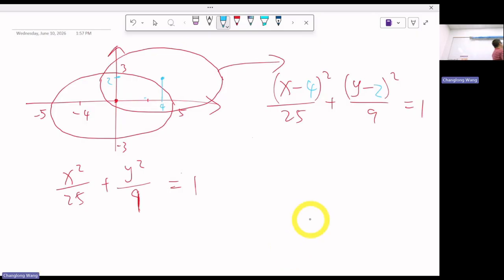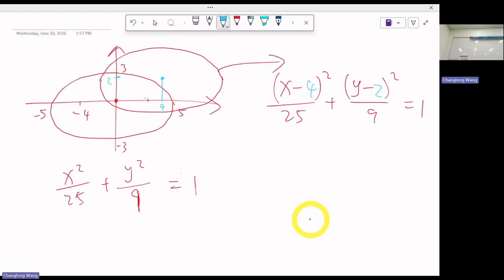Do you see the new location of the ellipse and how it enters the standard form of the ellipse? That's by shifting, basically just taking that ellipse and putting it at 4, 2, or the center of the ellipse at 4, 2. But at the same time, do you see that the vertices, the foci, even the endpoints of the minor axes are shifted the same way?